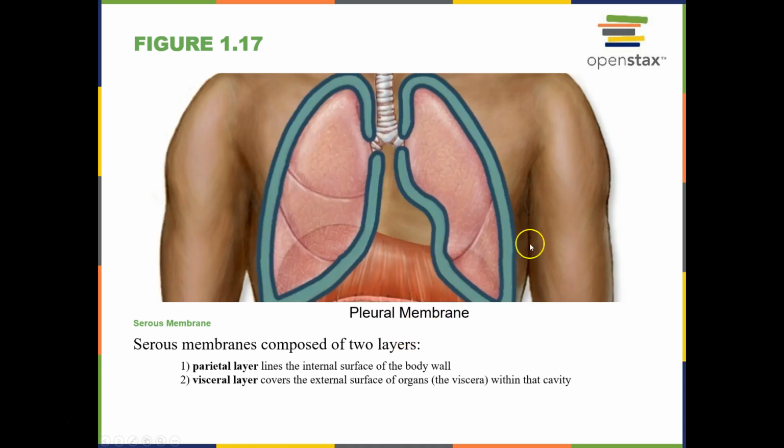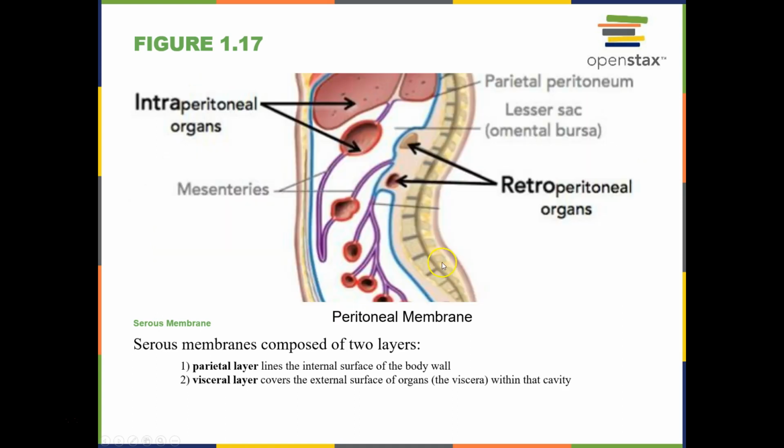Here you can see the lungs. So the heart would be here, the lungs are right here. And this is your pleural membrane. The pleural membrane consists of your parietal and visceral pleura that allow the lungs to move without damage or friction.